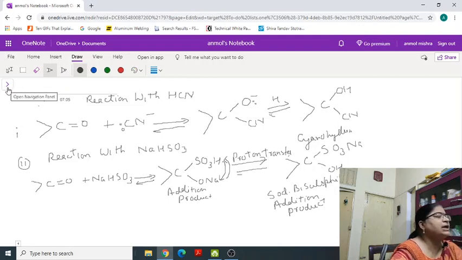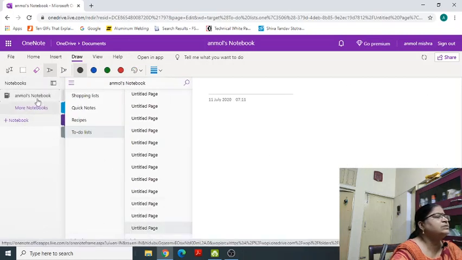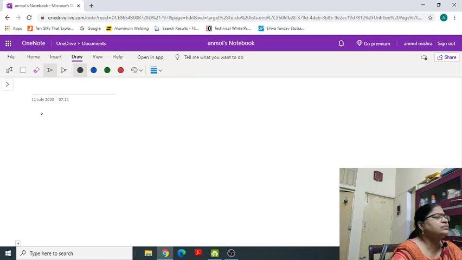Next is addition of Grignard reagent. This reaction you have studied in the previous chapter, alcohol, phenol and ether.